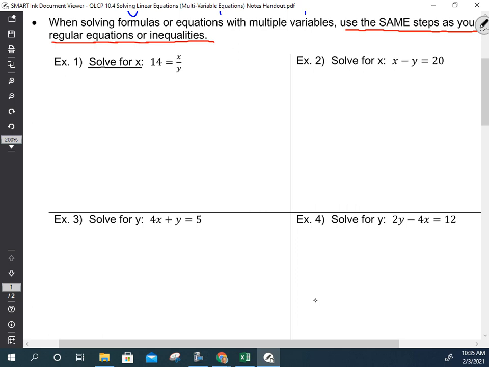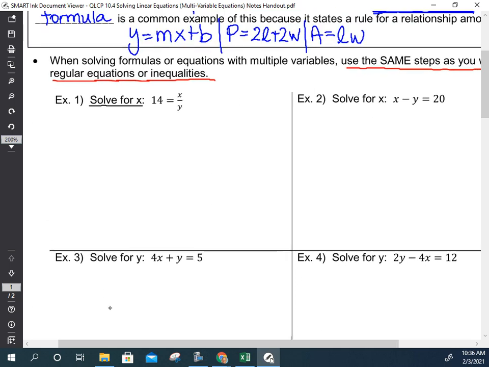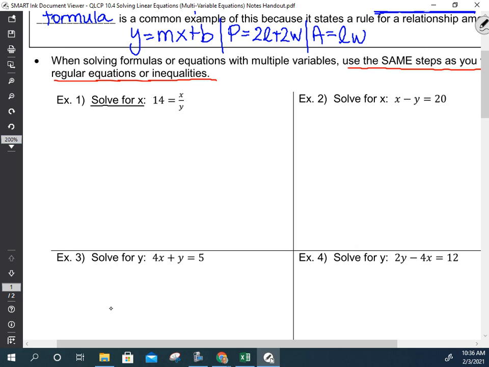Since you want to get x by itself, that means you need to get rid of y.